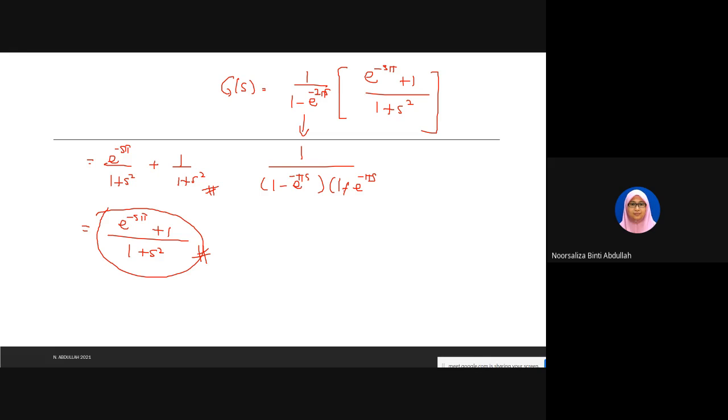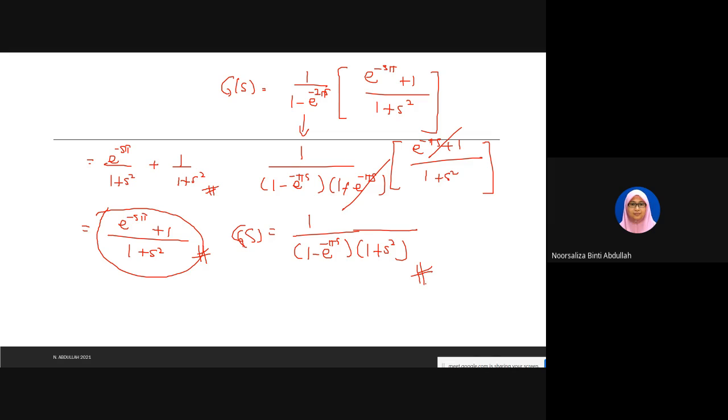Okay, didarabkan dengan exponent minus pi s plus 1, divide by 1 plus s square. So this one you can cancel with this one. Then your final answer GS will equals to 1 over 1 minus exponent minus pi s times with 1 plus s square. So this is your final answer.